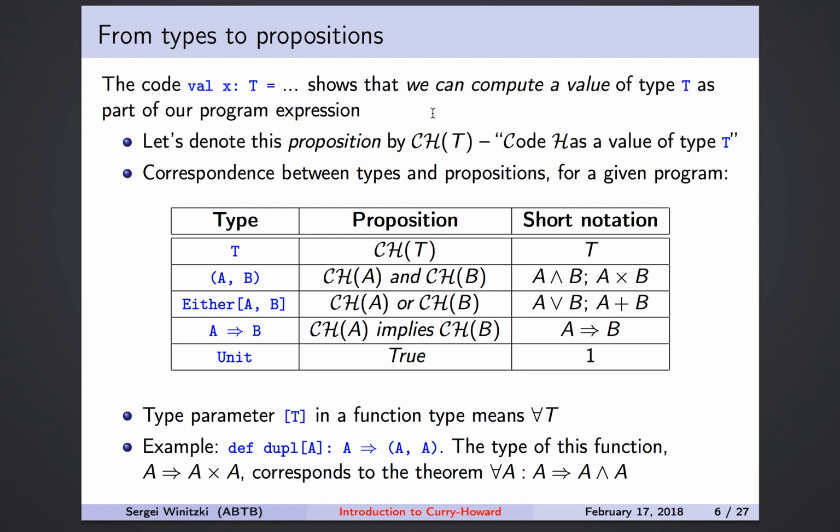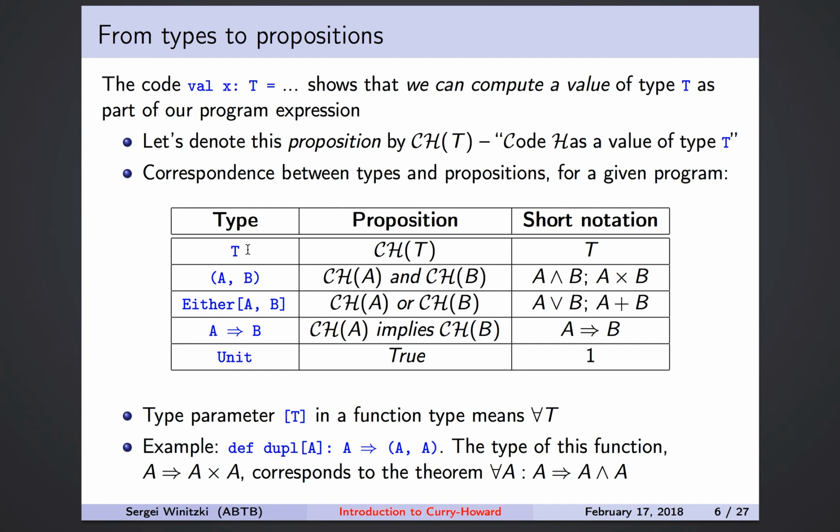Again, we don't know which value it is, and at this level we do not express that. We don't say which value we have computed. We just know that we have computed a value of this type. This proposition can be true or false for certain programs, depending on the program, because some programs may be unable to compute certain types because they're not given some data from which to compute these types, and other programs are given that necessary data. So these propositions could be true or false, first for different types, and second for different programs.